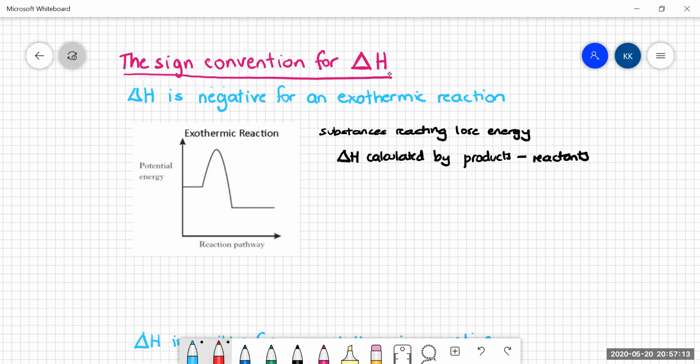And if we come over to our energy profile diagram here, don't worry about the fact that all of a sudden we're saying potential energy instead of energy. It doesn't really matter. If we look here, we've got the sum of the enthalpies of the reactants. So sum H reactants.